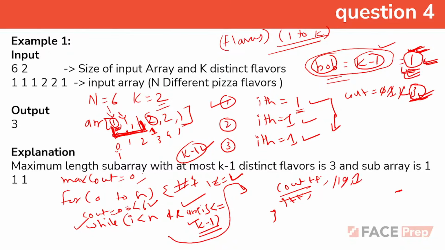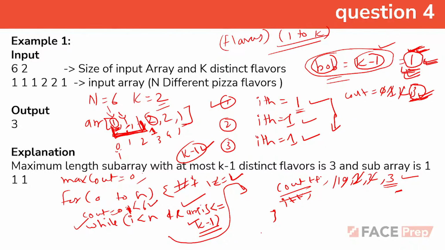Again next, my i is now 1. 1 is lesser than 6, the condition is true. Again check the next element, which is nothing but 1. Yes, lesser than or equal, again count is 2. Previously 1, now 2. I can check with 1, next is going to be 3, right? After that, each and every time we need to keep track of the maximum.